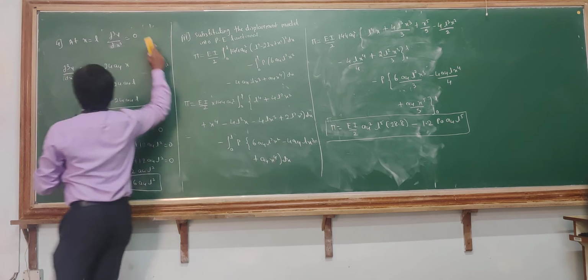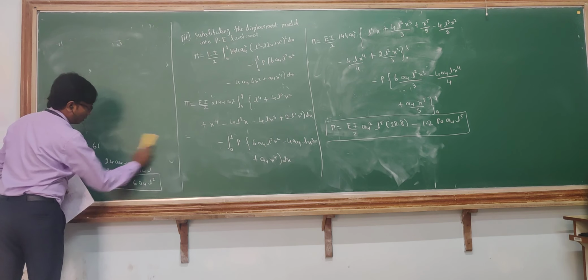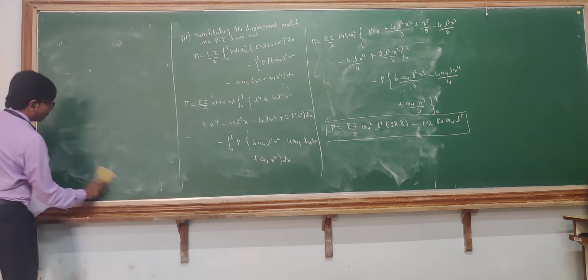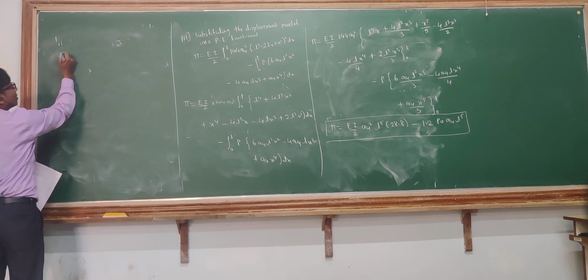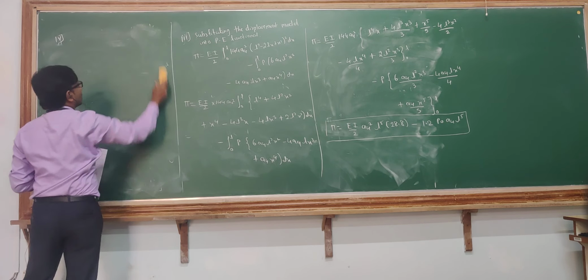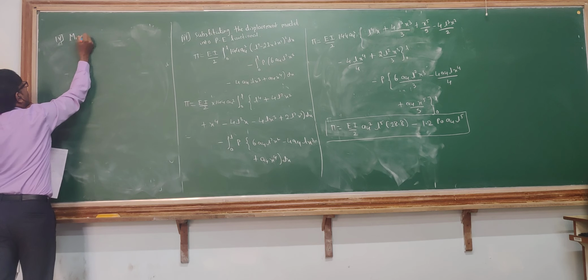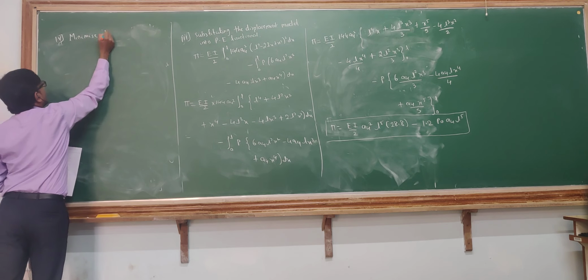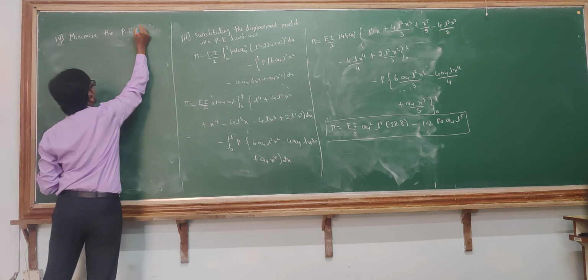Next what we will do is we will minimize that potential energy function. So the fourth step is minimizing the potential energy functional.